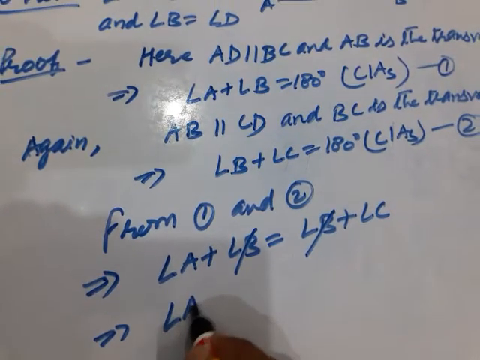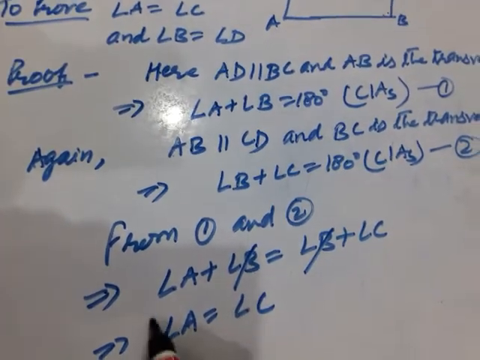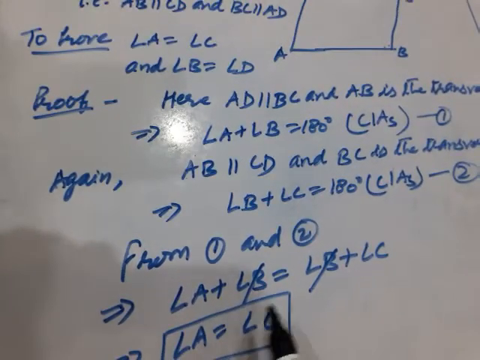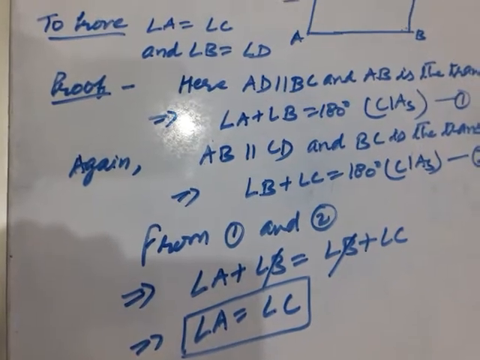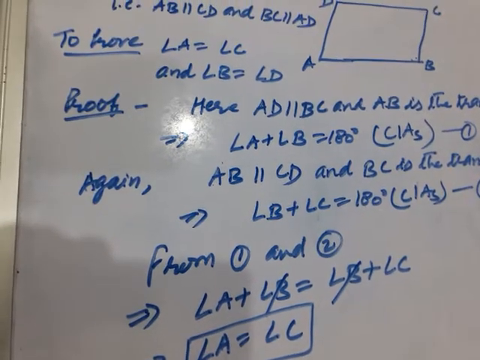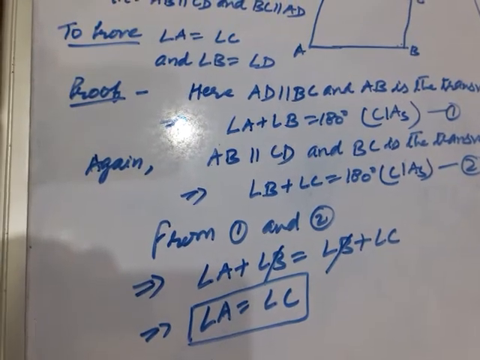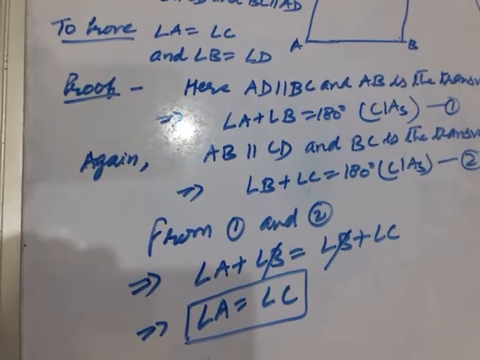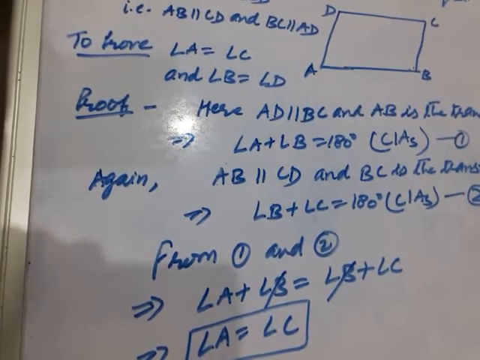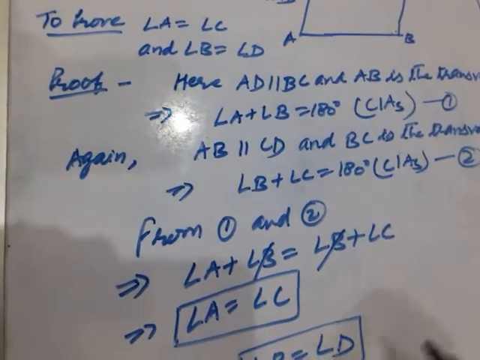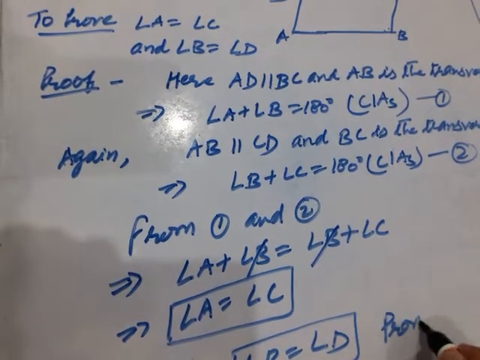This implies that angle A equal to angle C, and that is the first part we have proved. Similarly, angle B equal to angle D also. So both the parts we have proved.